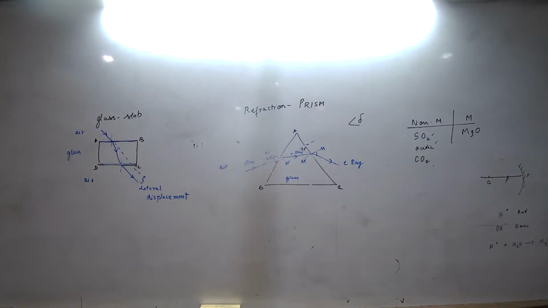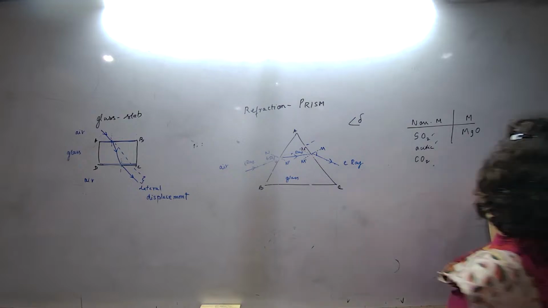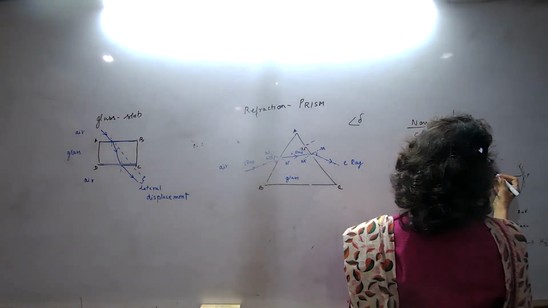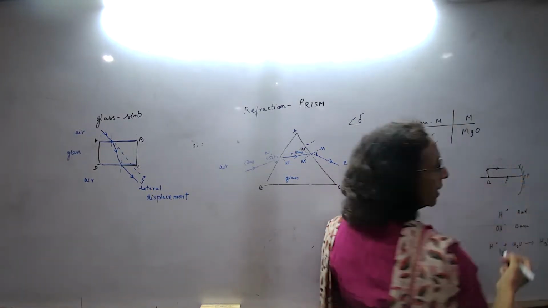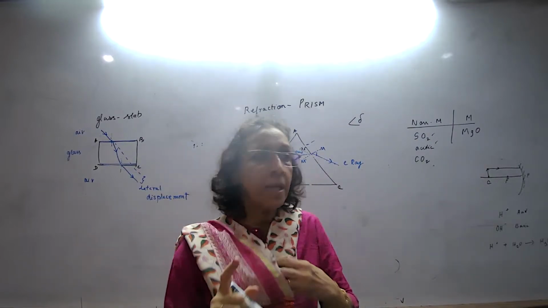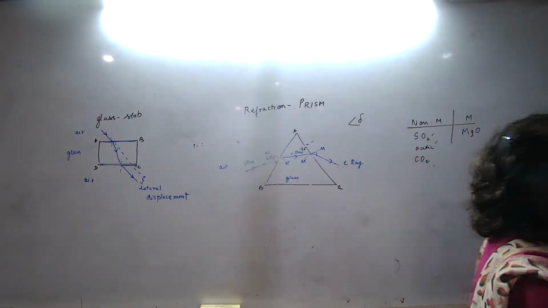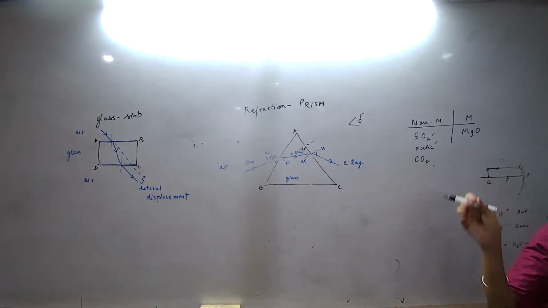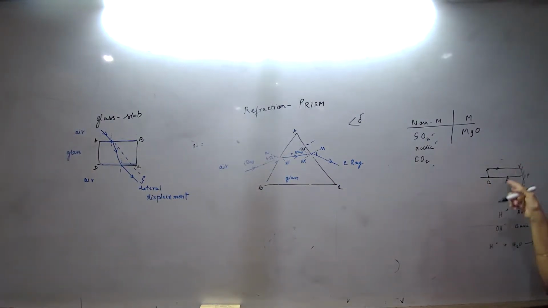Then, once you understand those 6 positions, what is the first thing in all 6 of them? The first ray is going to be a constant. Whether the object is here or there, the first ray is always the incident ray, in all the 6 of them. What happens after reflection? It has to come through F, except for the last one, the sixth one, because it's a virtual image.